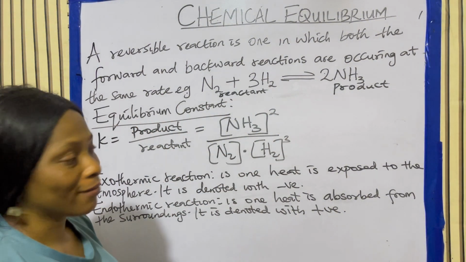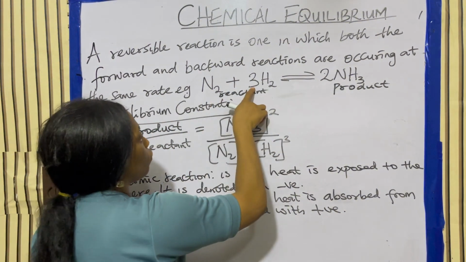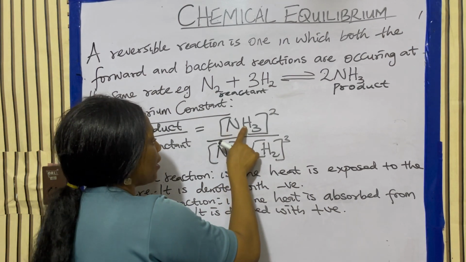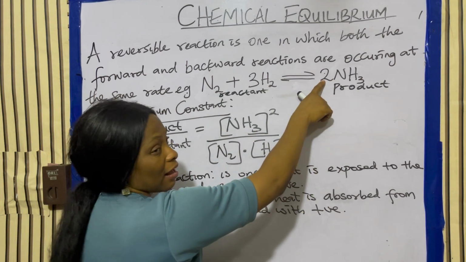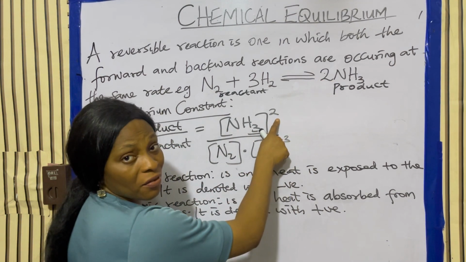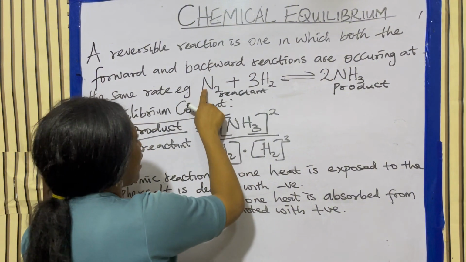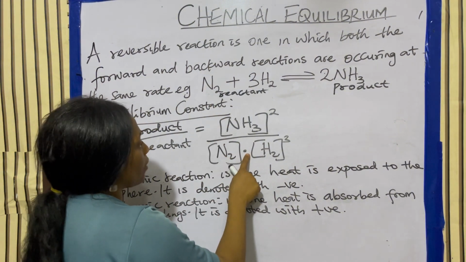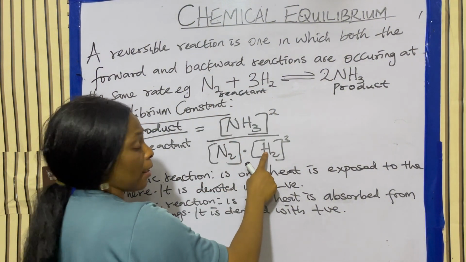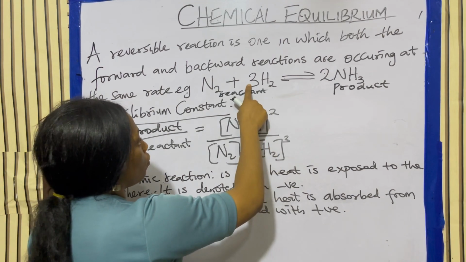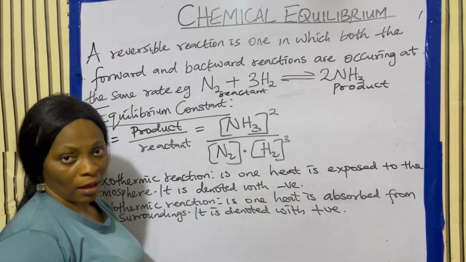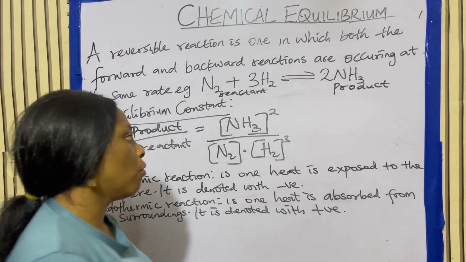Are we together? So you have to take note of the moles. So NH3, the product, has 2 moles, the superscript, all over N2 multiplied by H2 raised to power 3. Are we together? Let me give you one more.